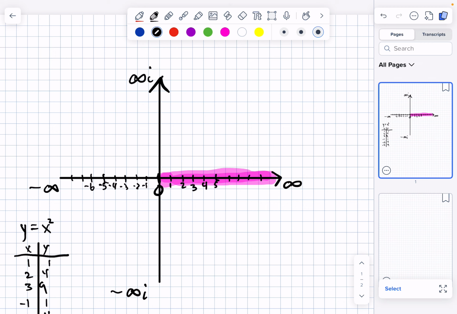Now the square root of -1 is i. So the square root goes that way. The square root of -1 is i. The square root of -4 is 2i, and so on.